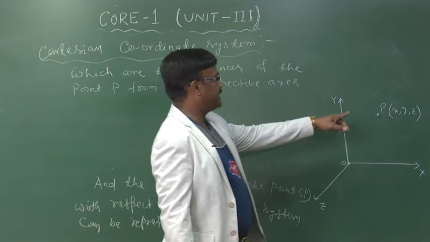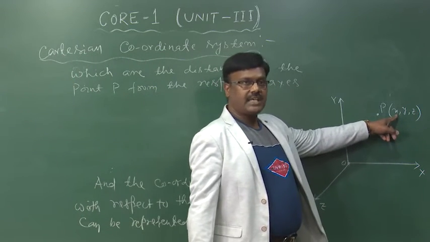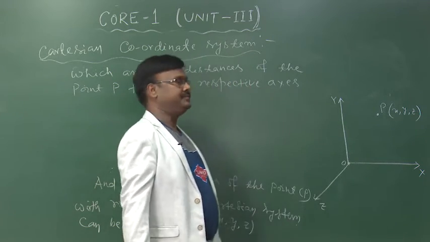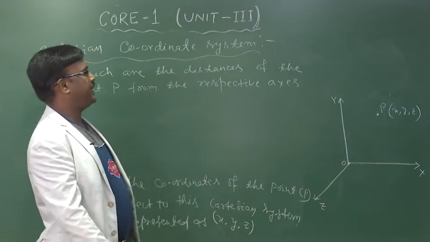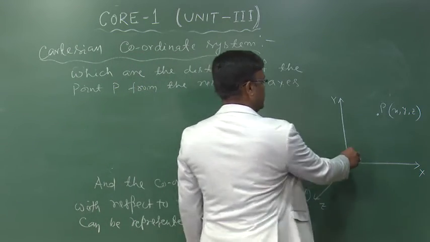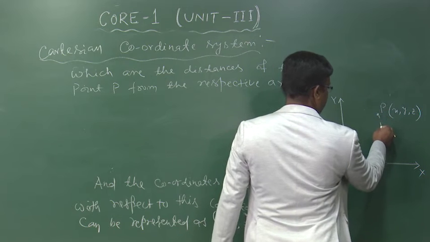That means x represents the distance of the point P from the origin along the x axis and y represents the distance of the point P with respect to the origin along the y axis, like this.